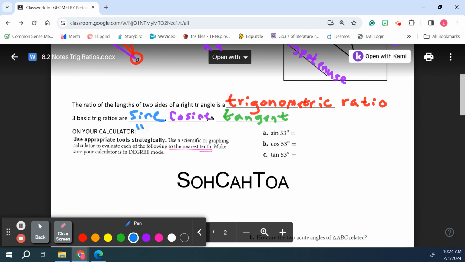And their code names are just SIN, COS, TAN. Any questions on this so far?